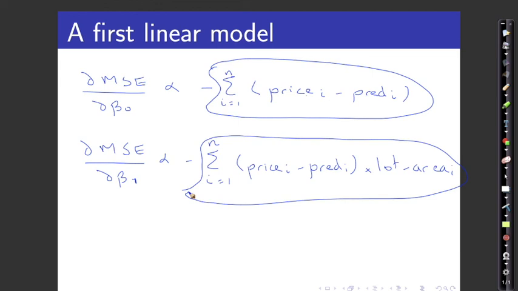Now, if there's a positive correlation between our errors and the lot area, we need to make the slope steeper. And that's exactly what we would do to beta 1 when we move in the direction of the gradient. That's all we need for now. We are now going to go across to Python and implement gradient descent for Amy's house pricing in Python.